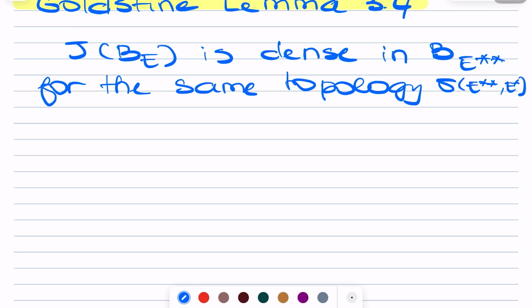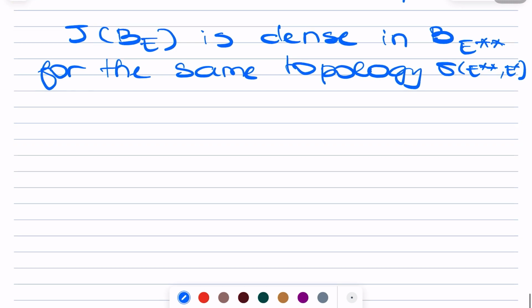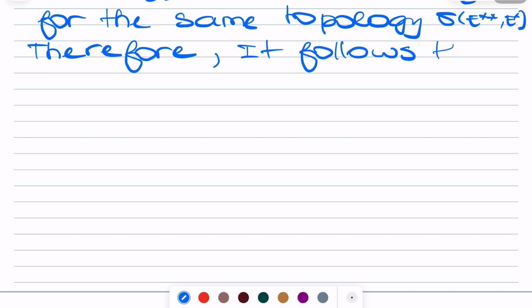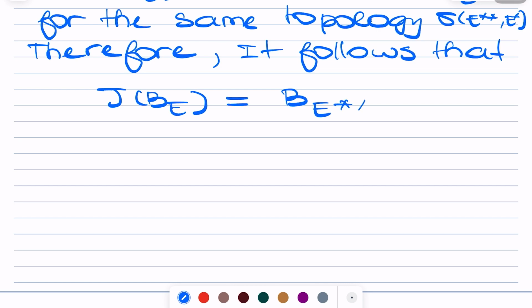So therefore, it follows that J of B_E is equal to B_E star star.